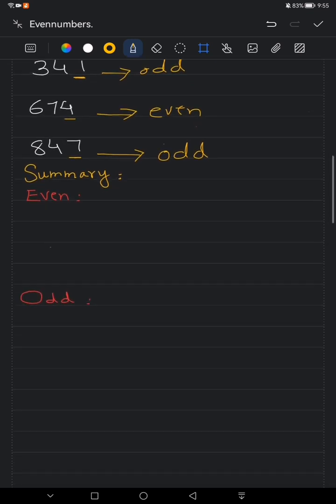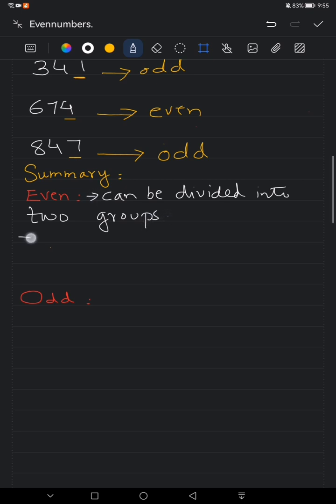So let's sum up what we have learned today. First of all, the even numbers can be divided into two groups. Second thing, they end up with 0, 2, 4, 6 or 8.